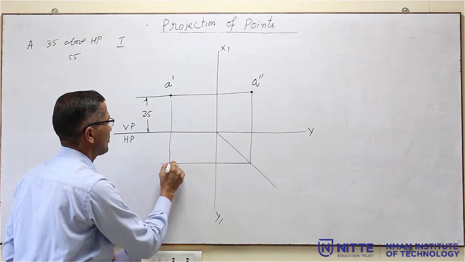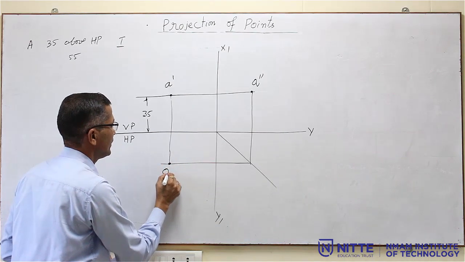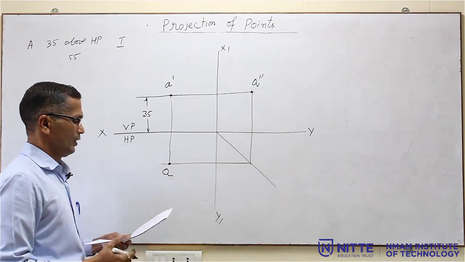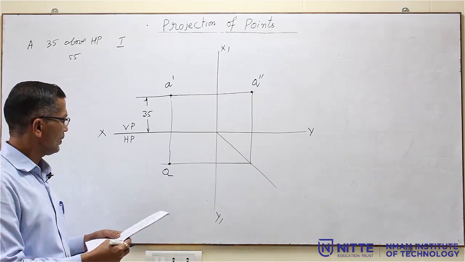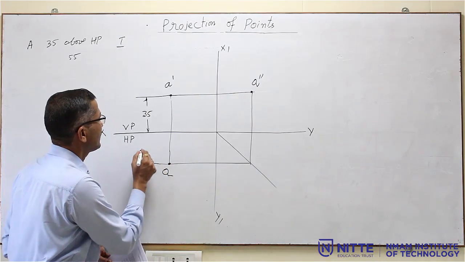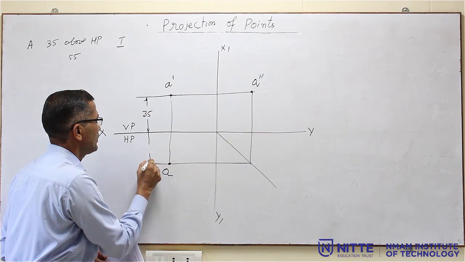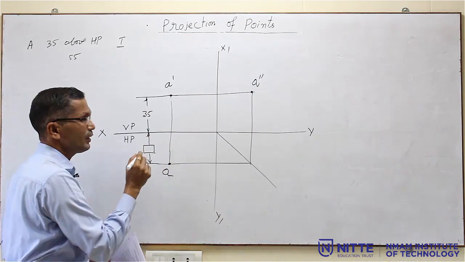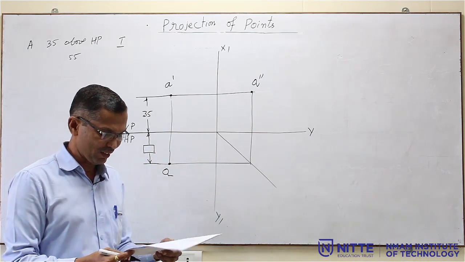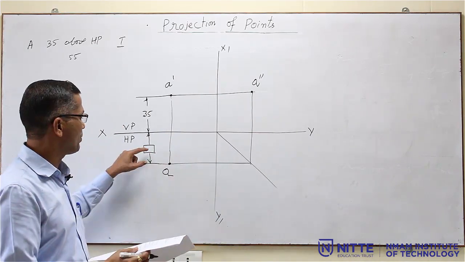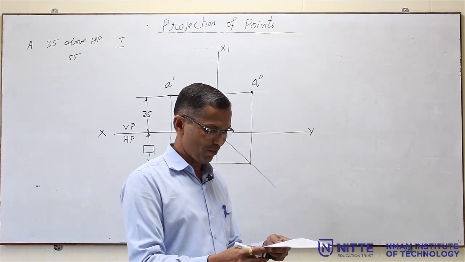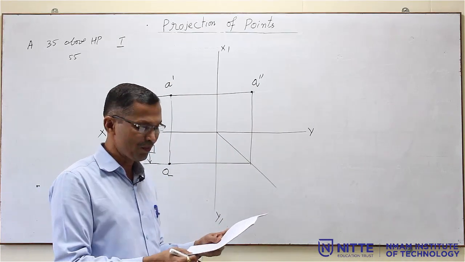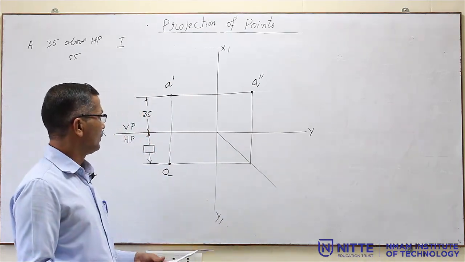So, we will get the intersection point, and this is the point E, the top view of this. Now you have to measure this distance and specify it here. That is the answer for the question. Find its distance from VP, so many millimeter. The point A is so many millimeters from the vertical plane.